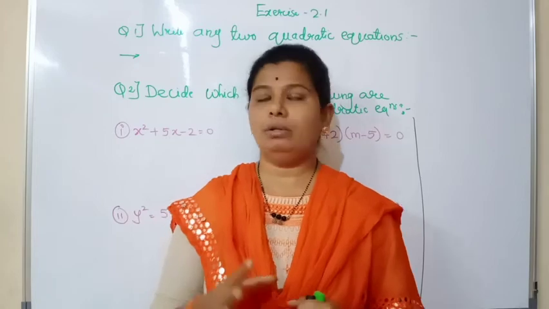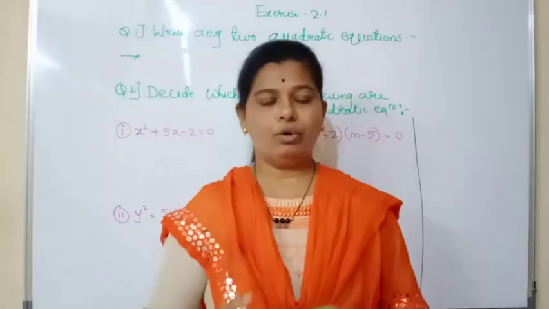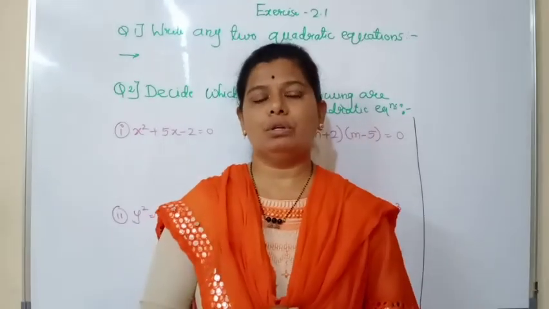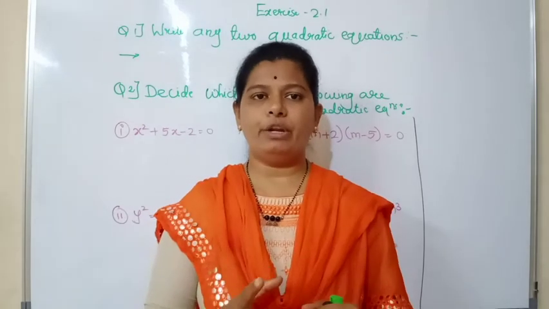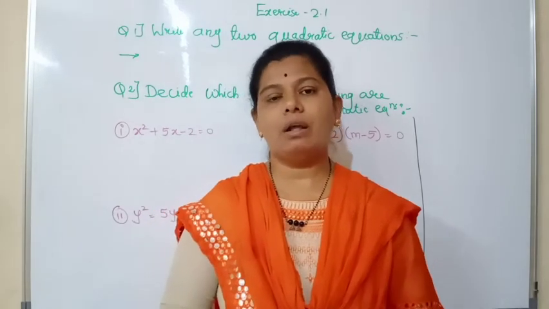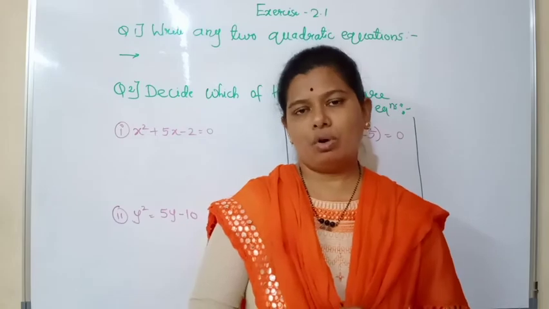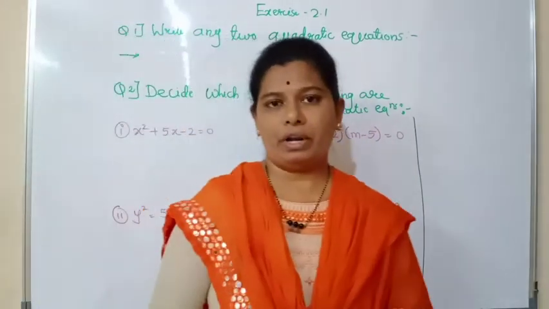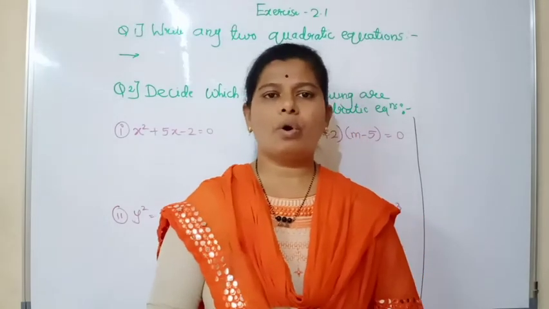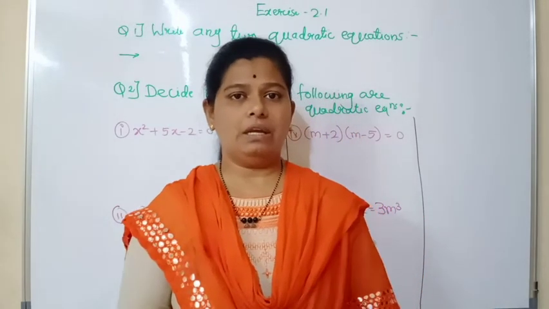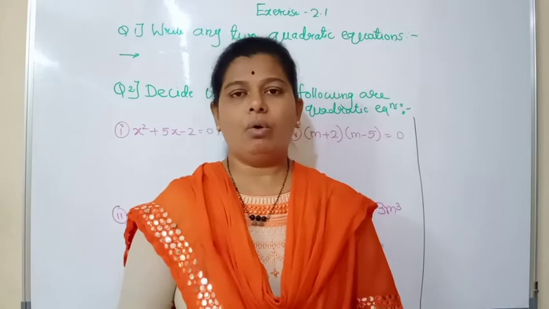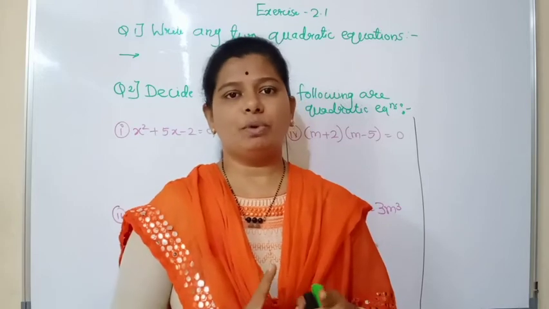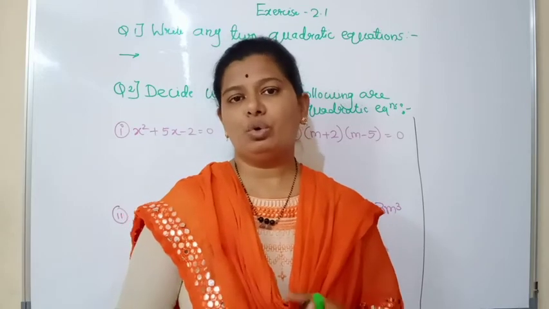In the first question, they have given that write any two equations, and in the second question, we are just going to identify whether the given equations are quadratic equations or not. Now the first question is: write any two quadratic equations. So you can use any number, any variable, but there should be only one variable, not two variables.